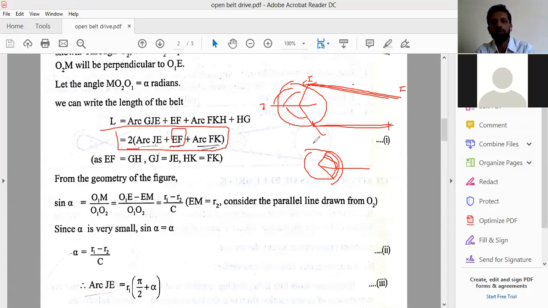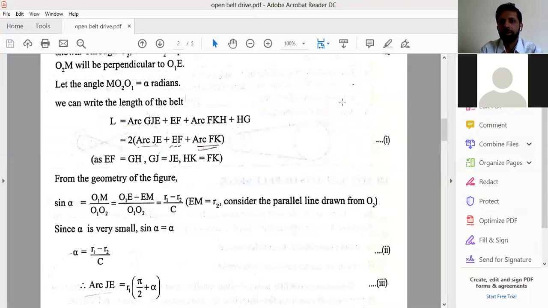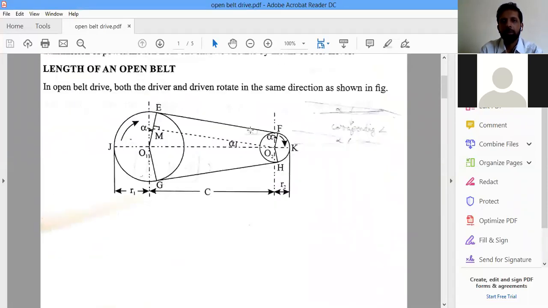Okay, now let us go to the next part. Now what we have to find out is how much this alpha angle is. I'll just clear this. How much is this alpha angle? By how much is it extra, or by how much is it less than 180 degrees?